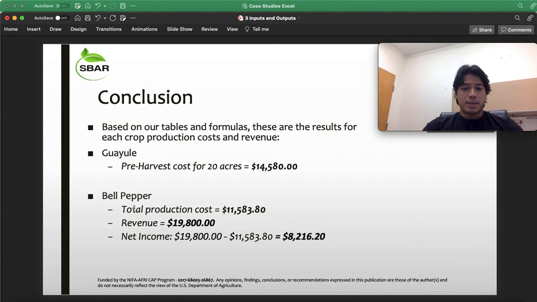For bell pepper, the total production cost is around 11,500, but the revenue is higher. Of course, it has to be higher. On the other side, the net income is going to be your revenue minus the total production cost, and here this is going to be the net income of the farmer.